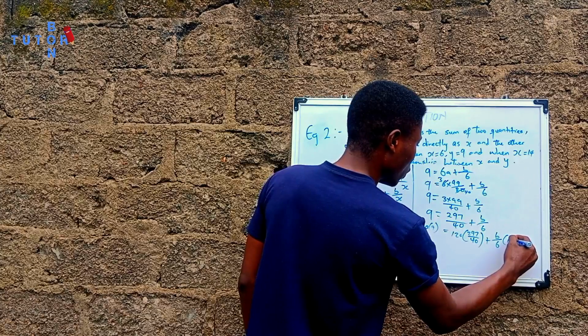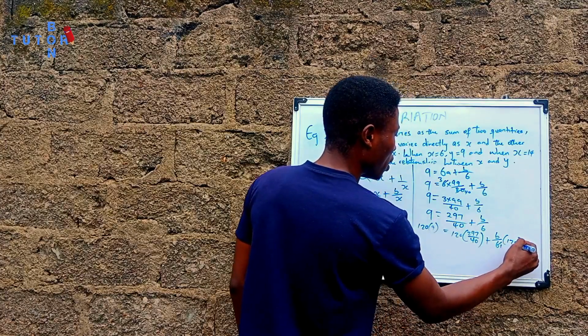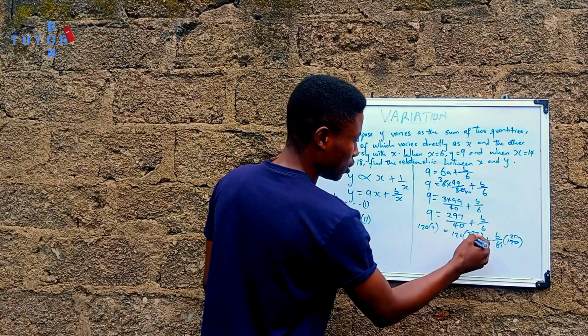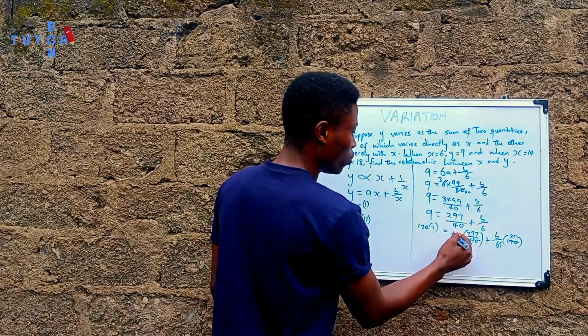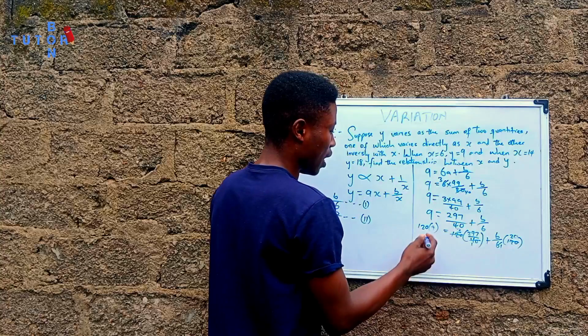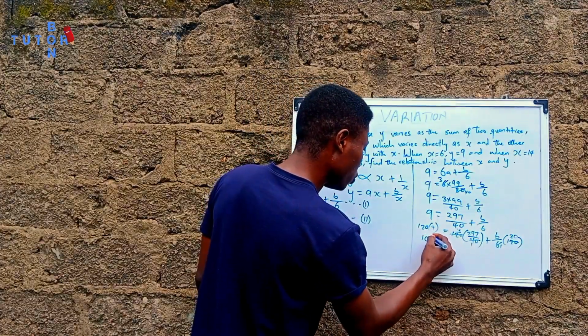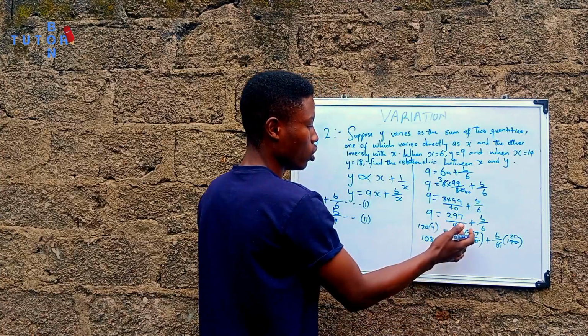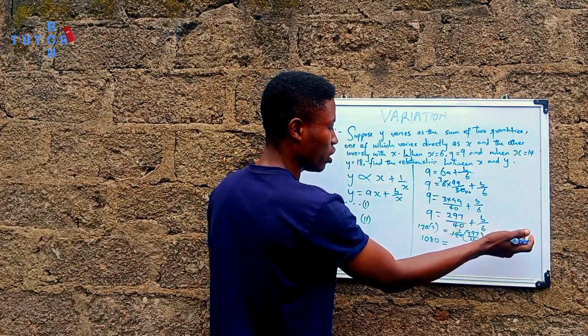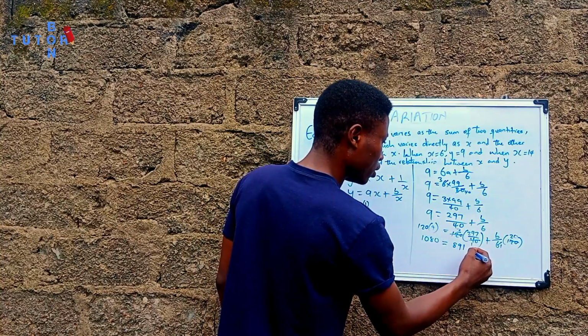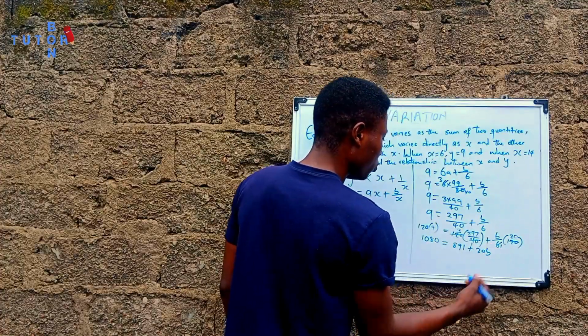So 6 goes into 120, 20 times, and 40 goes into 120, 3 times. And 120 times 9 will give us 1080 equals 3 times 297, that will be 891, plus 20b.